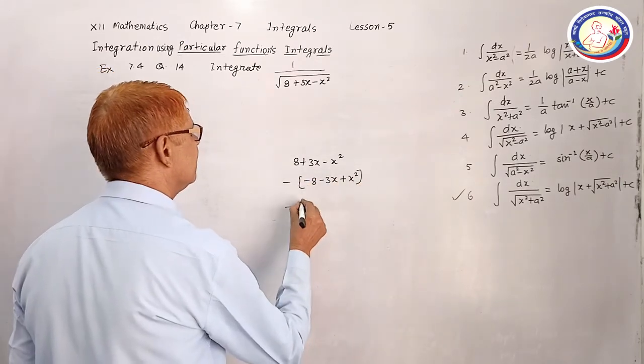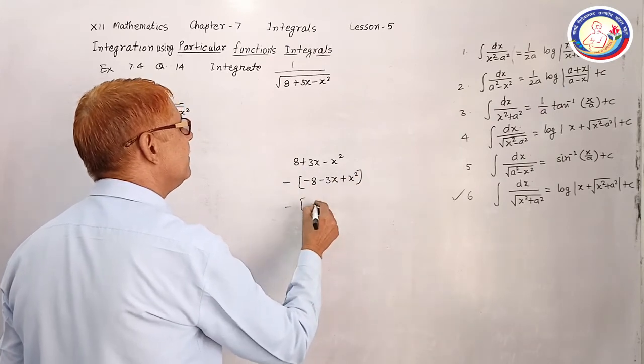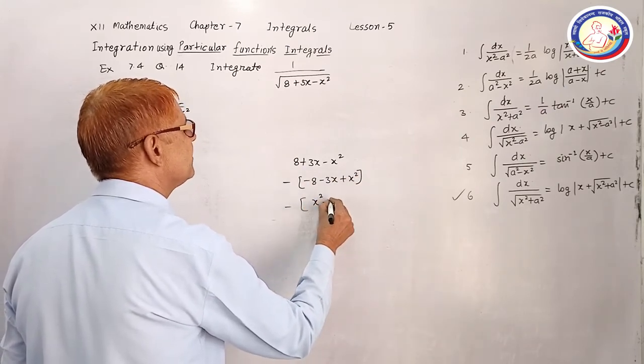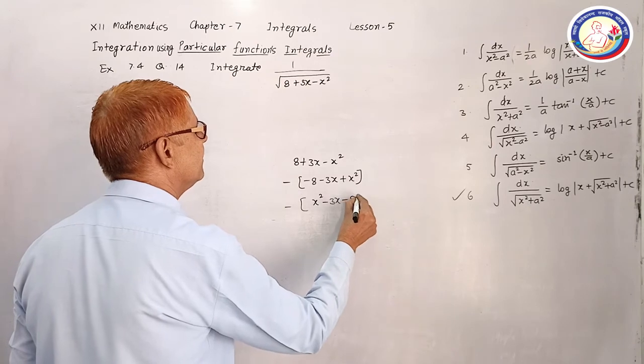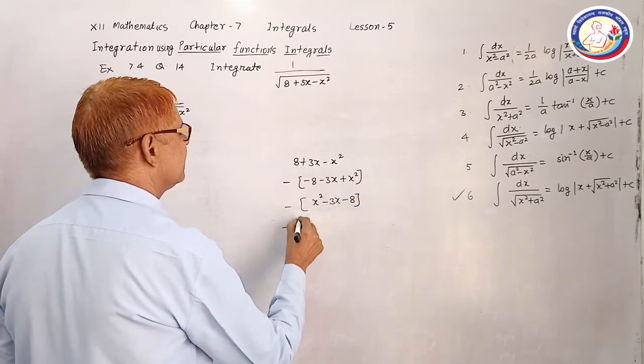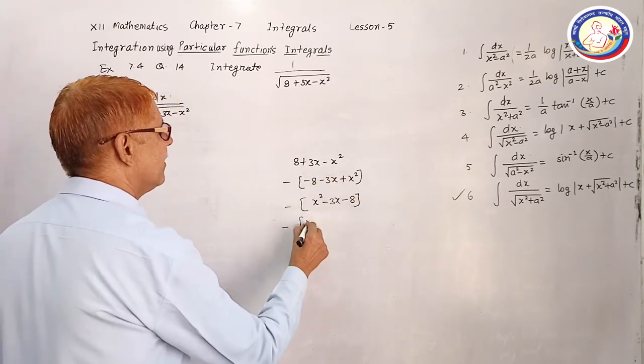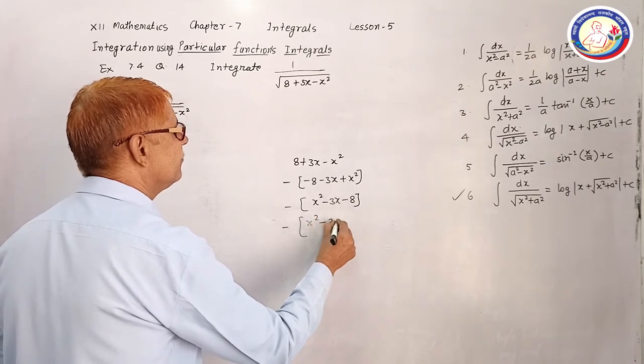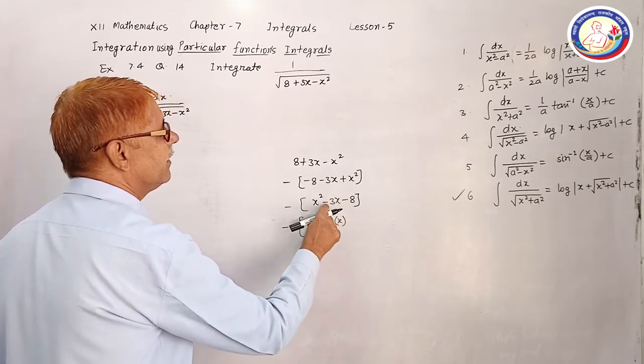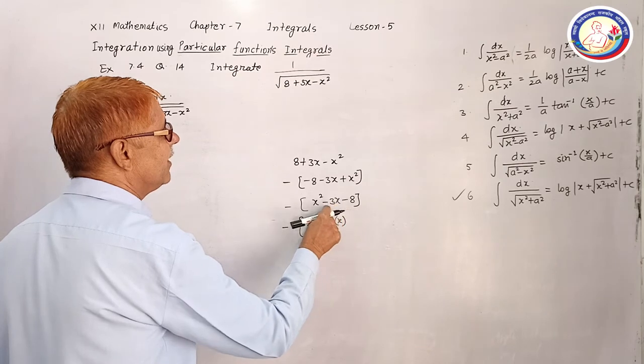Now reverse the order. x square minus 3x minus 8 is this. Minus, x square minus 2 into x. Here it is negative sign. The coefficient of x is negative.